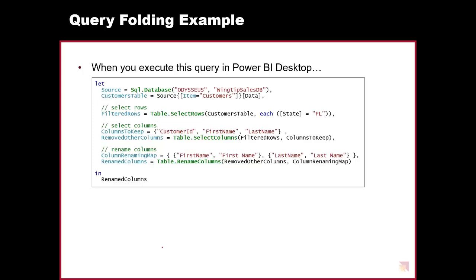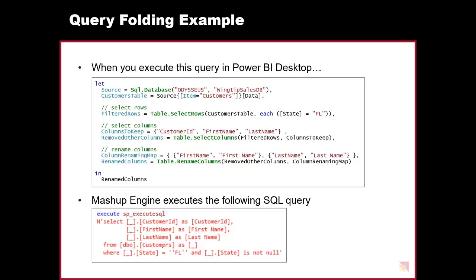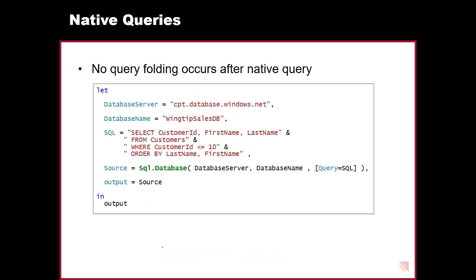So the idea is if you're filtering and sorting and your column renaming is right under the place where you're pulling the data from, Power BI Desktop, or more truthfully, the mashup engine, is able to craft a single SQL statement that has the where clause and the order by clause inside of it, and pass that to the back end.